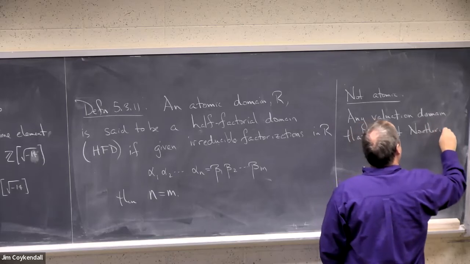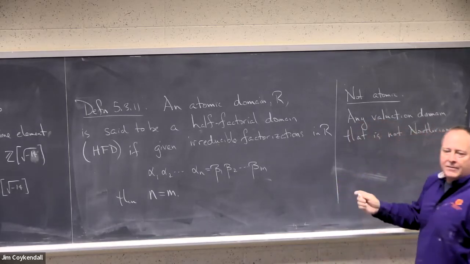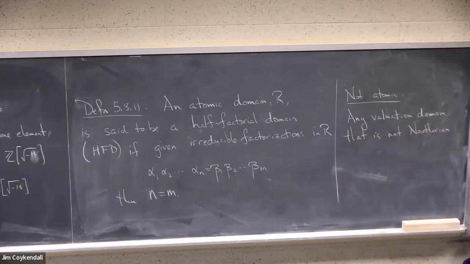Any valuation domain that's not Noetherian will be not atomic, right? In fact, valuation domains are atomic only if they are Noetherian. For general rings, atomic and Noetherian are very far apart. To say something is Noetherian is much, much stronger than to say something is atomic, which can be really wonky rings, but for valuation domains, they're the same.